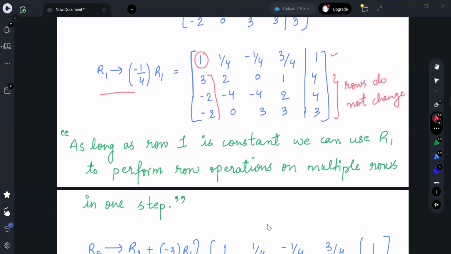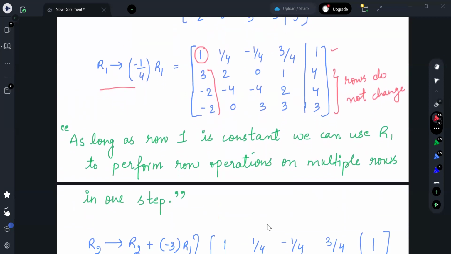Now, I do not recommend this if you are new to this method. You can use as many steps as you want. I'm combining all my steps. I'm making 3, -2, -2, all of them 0 in one step. You have to be very focused and very careful when you do this in one step. It requires focus, okay? If you want to try this at home.